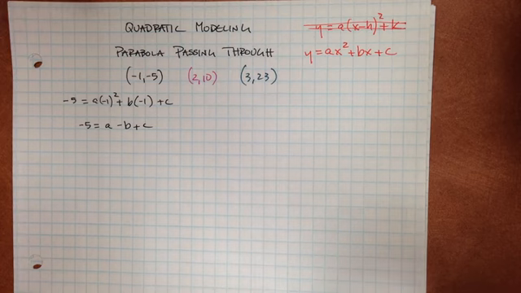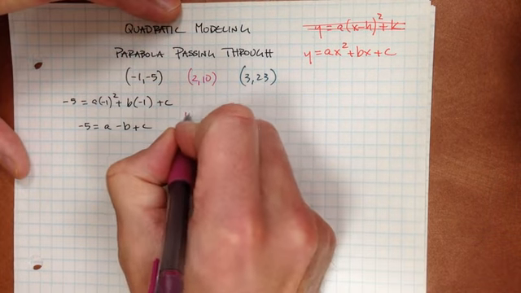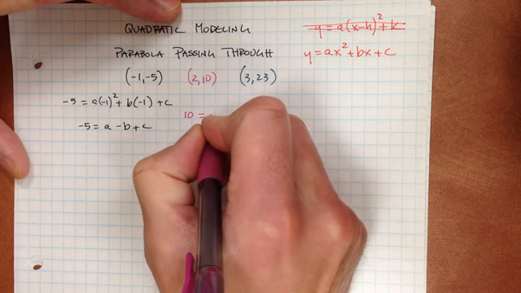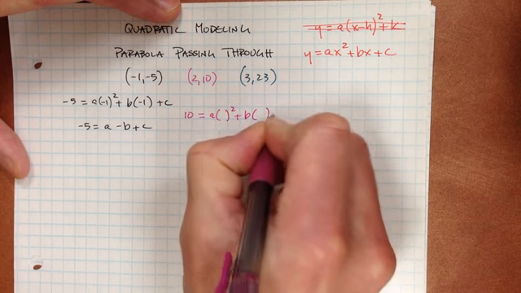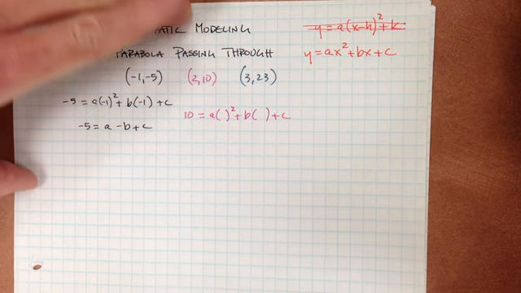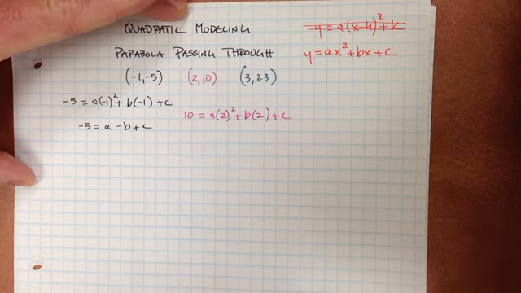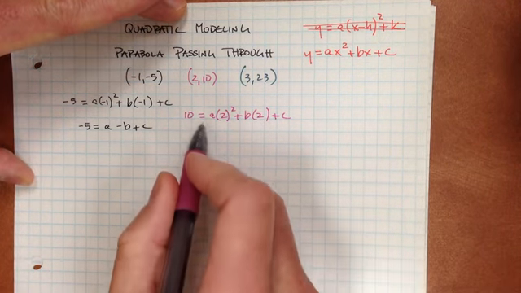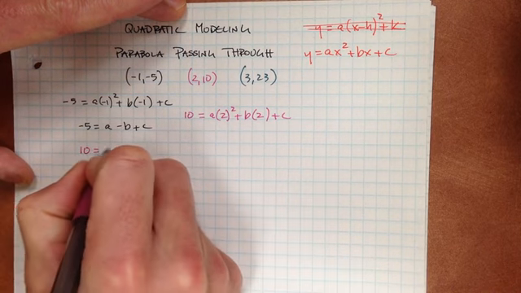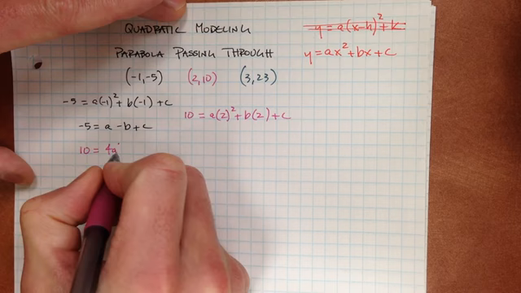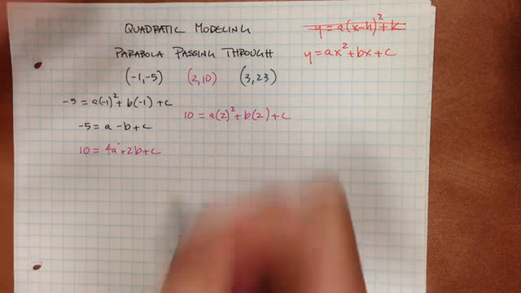There's one of our equations. The next one, let's deal with the pink. I'm going to sub in x and y: y equals ax squared plus bx plus c, and I am subbing in 2 for my x value. When we clean this up, we end up with 10 equals 4a plus 2b plus c.